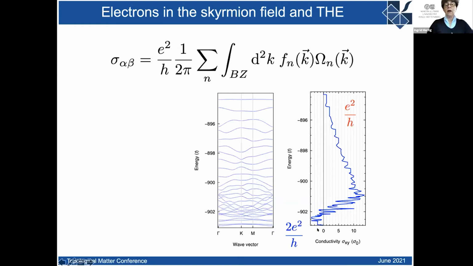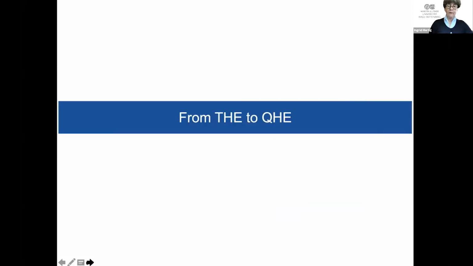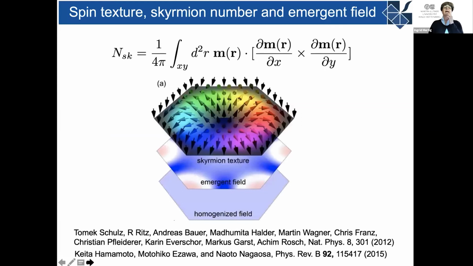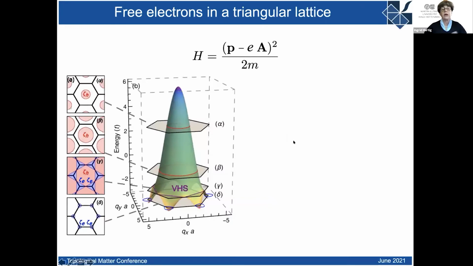Now we wanted to understand this result that we calculated. Now we try to compare the topological Hall effect that we calculated with the quantum Hall effect. And for this, we first consider the skyrmion number. We calculate the skyrmion number of our skyrmion, and this is related to the emergent field, which is nothing but the Berry curvature in real space.